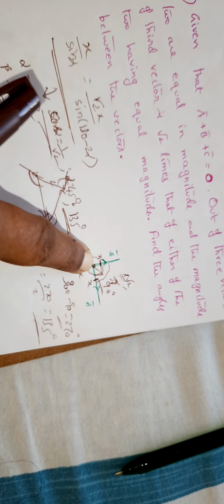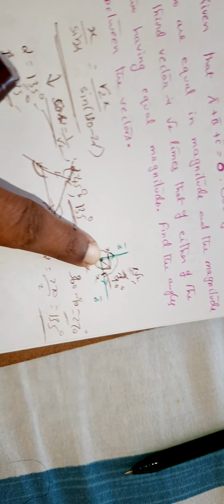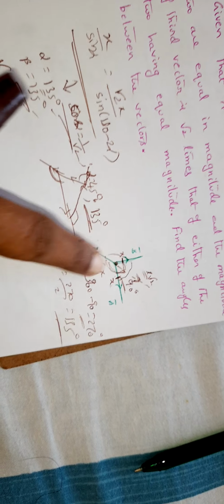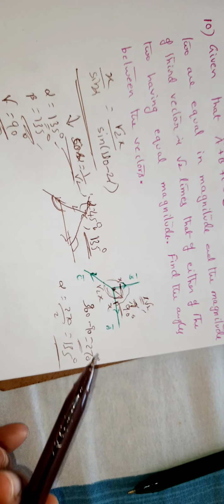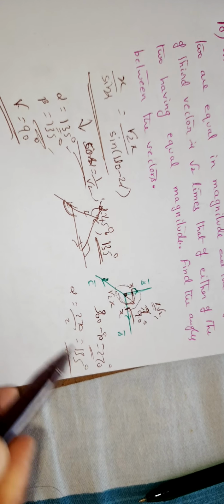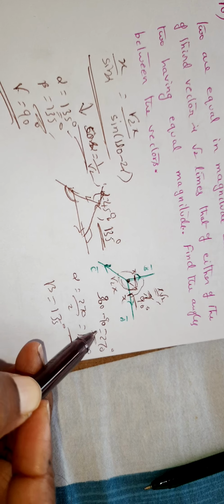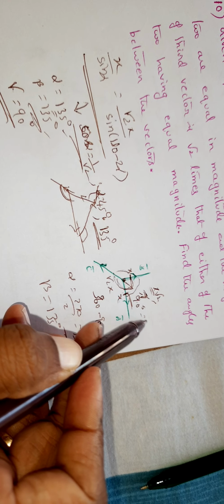Now we are saying that it is in equilibrium. That means definitely there should be a third force acting opposite to this. That is what it is. If you can assess it like that, you can easily do it like this also. So your alpha is equal to 135, beta is 135 and gamma is equal to 90 degrees.